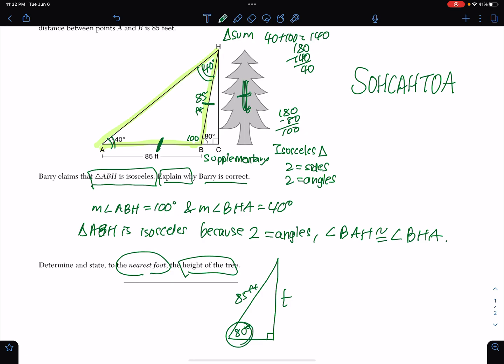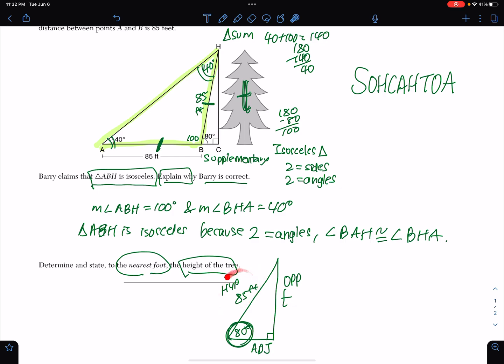So I'm going to circle my given angle. First, I'm going to label my hypotenuse. Hypotenuse is across from the 90 degree. Next, I'm going to label adjacent. Adjacent means next to the circled angle. And then finally, I'm going to label opposite, and opposite means across from that circled angle. And so if I look over here, I want to solve for T, so I need this.